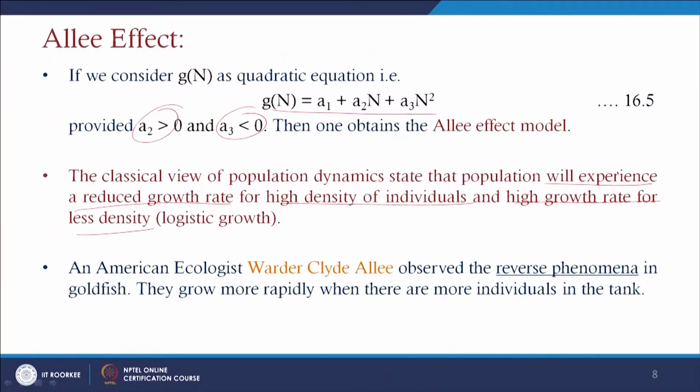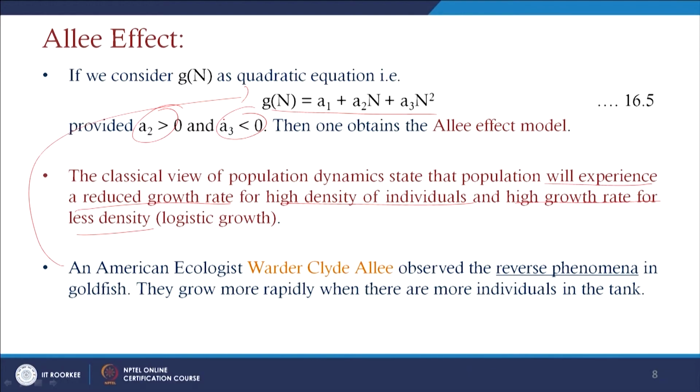But the American ecologist Allee observed that the reverse phenomenon occurs in the case of goldfish. The growth was found to be very fast when more individuals are present in a tank. So, that is why it is called the Allee effect, and this is a special case developed by Warder Clyde Allee.